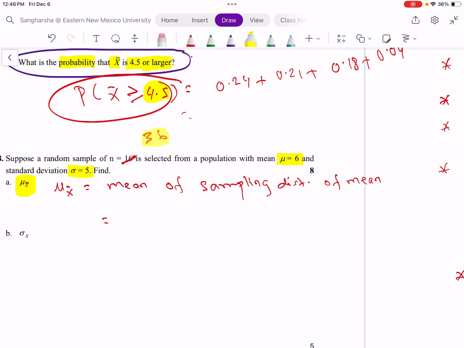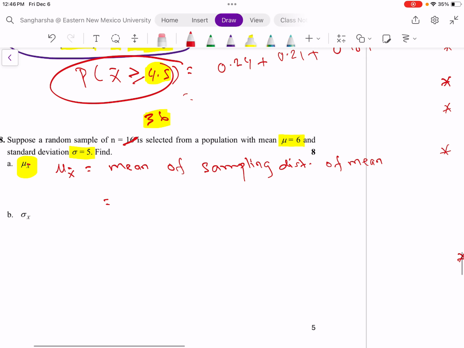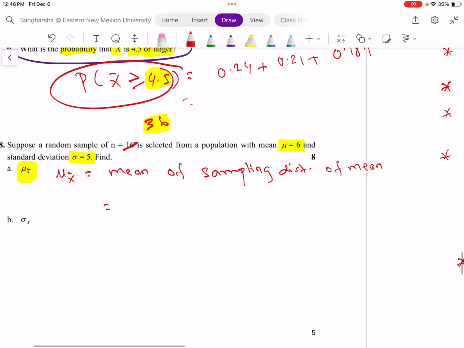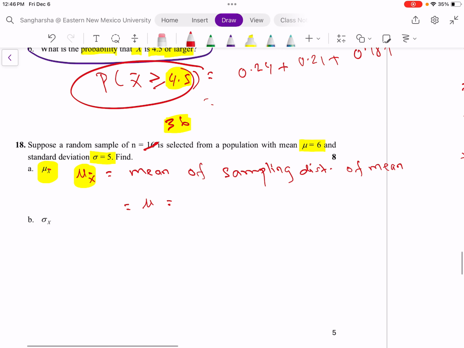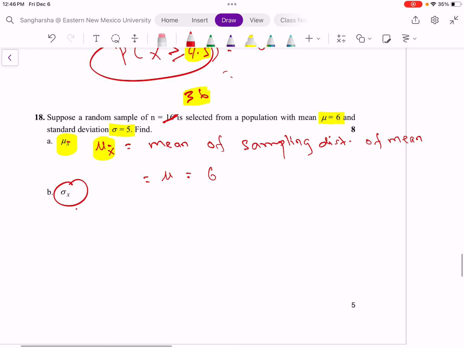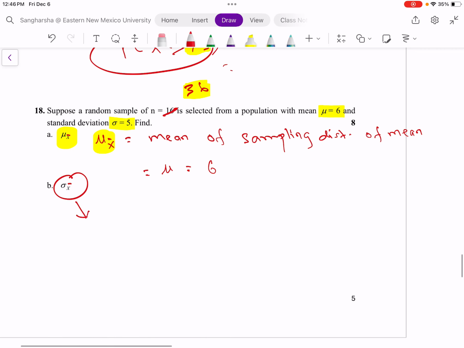Since the sample size is greater than 30, we use the central limit theorem, and according to the central limit theorem, the mean of a sampling distribution is equal to mu of the population, which is 6. Now the standard deviation of the sampling distribution of the mean is equal to the standard deviation of the population divided by the square root of n. So that is 5 divided by the square root of 36, that is 5 divided by 6.